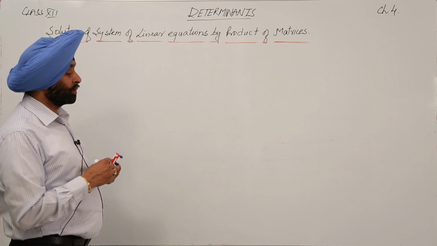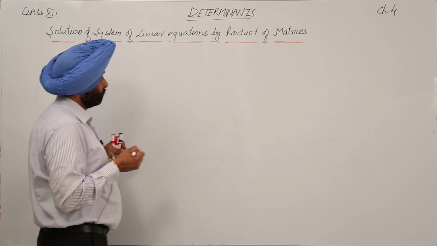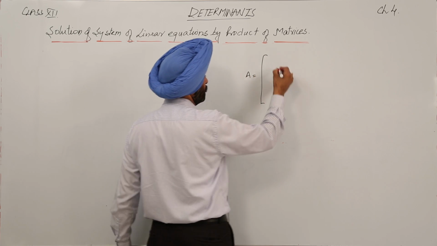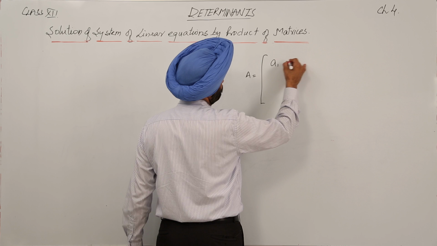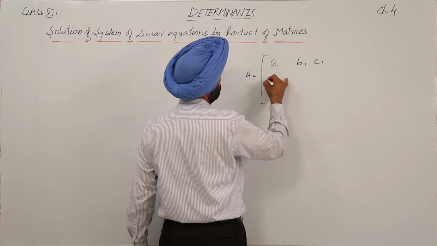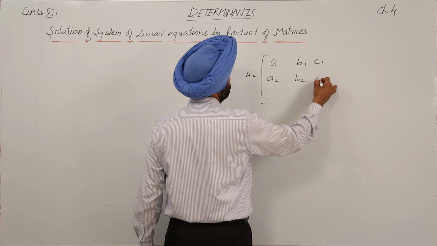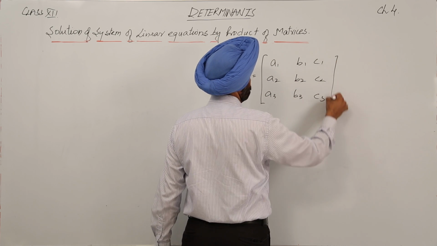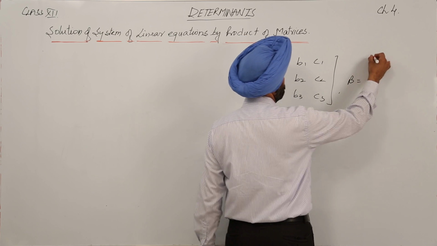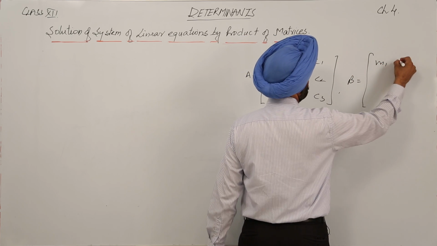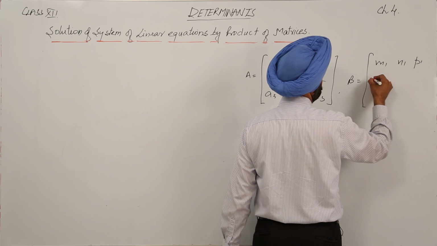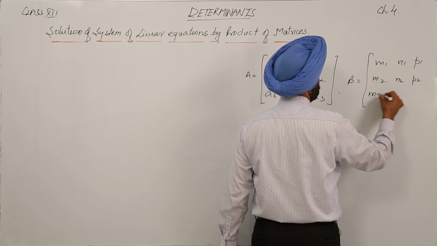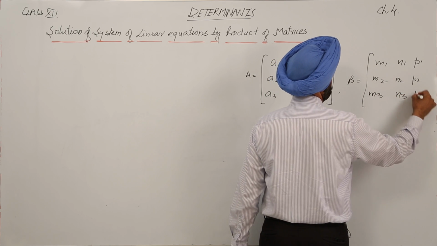Now suppose we have two matrices, A equal to A1 B1 C1, A2 B2 C2, A3 B3 C3, and B equal to M1 N1 P1, M2 N2 P2, M3 N3 P3.